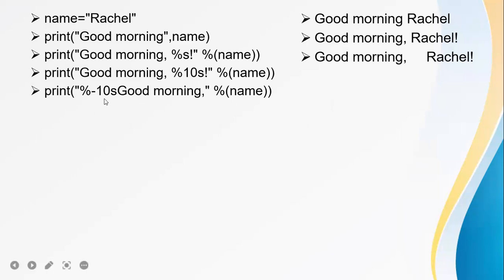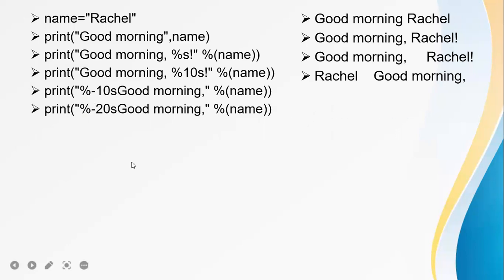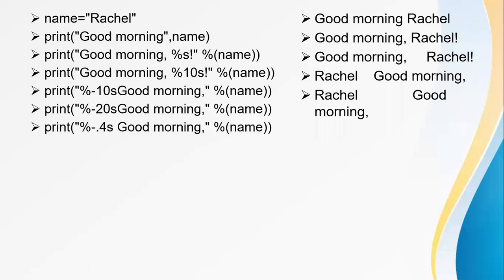Okay, like this. Now what will happen? In this place of percentile of minus 10, Rachel will come, and from there good morning will be started. Now the gap will be still increased. Okay, fine. Now what will happen when I use minus 4s? Good morning and name.